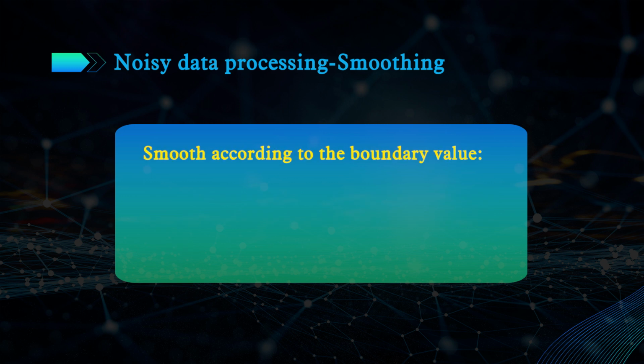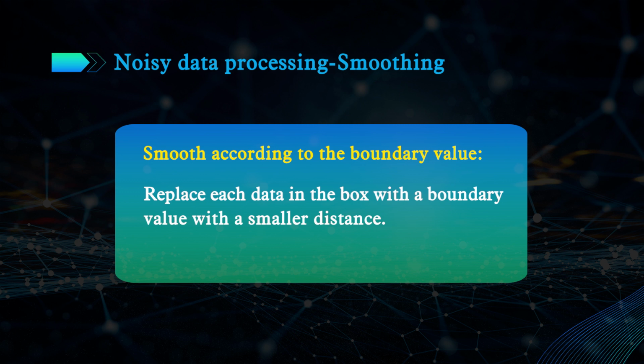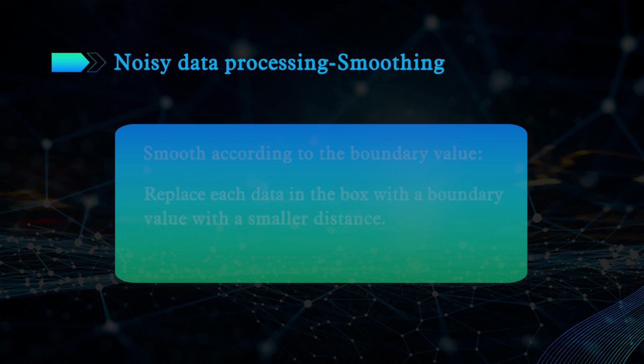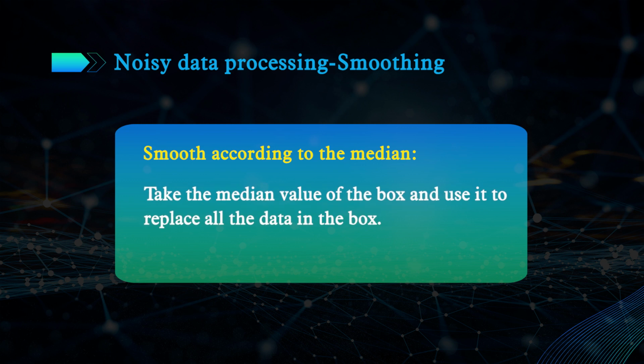Smooth according to the boundary value is to replace each data in the box with the boundary value with a smaller distance. Smooth according to the median is to take the median value of the box and use it to replace all the data in the box.